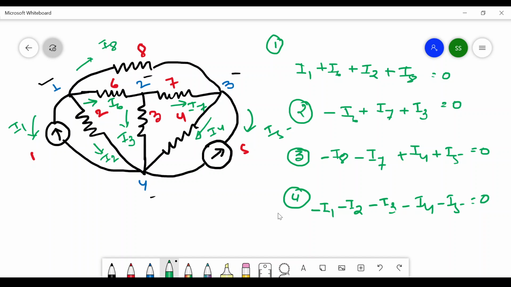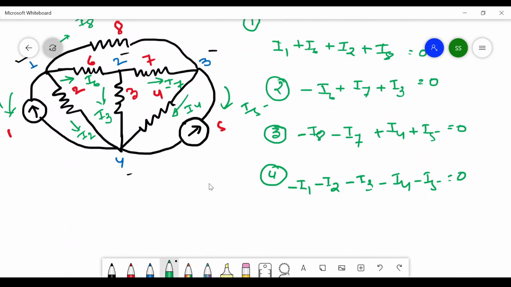Now if I add equations 1, 2 and 3, what do we get? You can see this one cancels out, this one cancels out, this one cancels out.